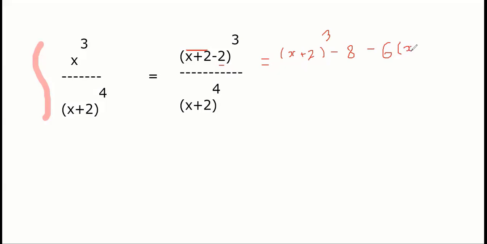Because if you write everything in the form of x plus 2 with the denominator, it will cancel out. A cube minus b cube minus 3a square b, and then 3ab square, 3 into a, which is x plus 2, into 4, 12 (x plus 2), right?